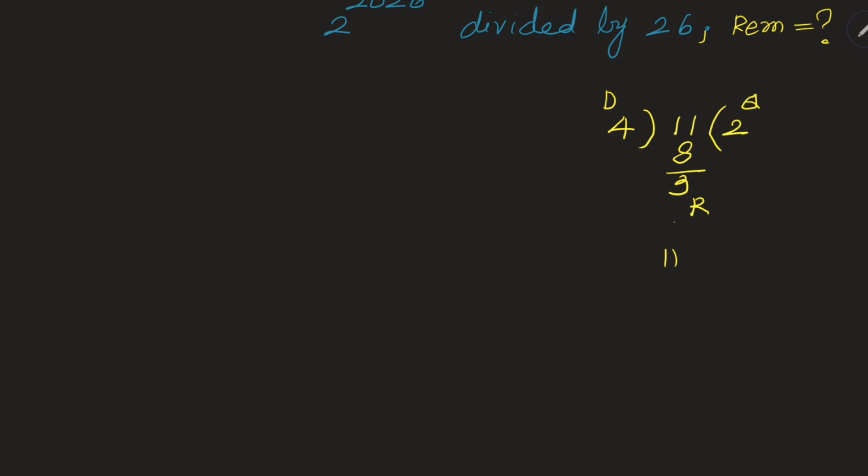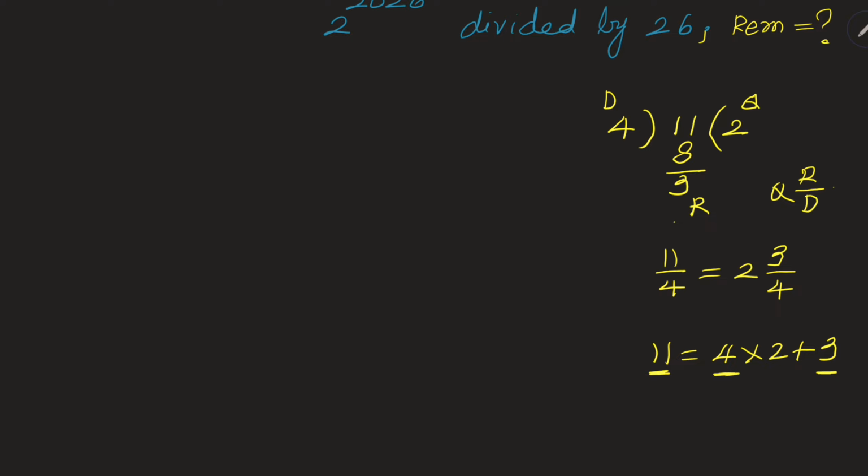So we will write 11 by 4 equals 2 and 3 by 4, or in the format of Q R by T. Also, can I write 11 equals 4 into 2 plus 3? Now, if you take 11 and divide it by 4, the remainder is 3.